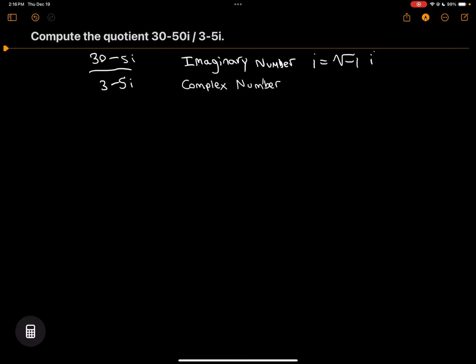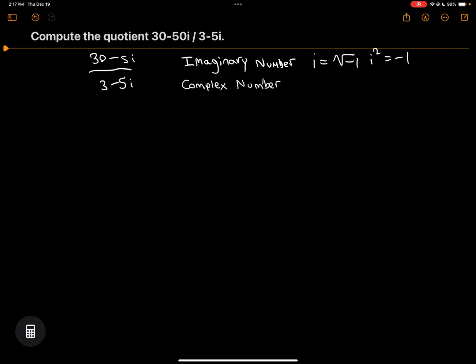There are other powers of i, but for this video, it's important to know that i squared equals negative 1. You can see this easily, because i equals the square root of negative 1. If we square the square root, you just get the thing under the radical, which in this case is negative 1. So that's the basic definition of an imaginary number.